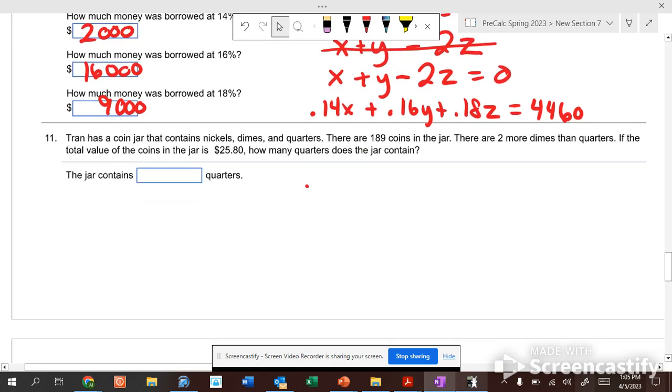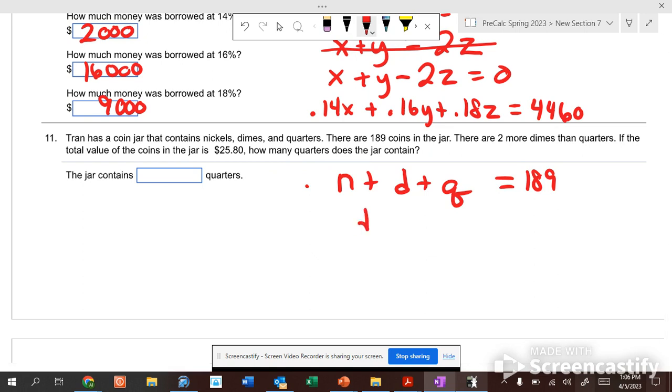Okay? The last one, the coin jar, okay? If nickels is N, dimes is D, quarters is Q, the total number of coins, if we add them up, is 189. If there are two more dimes than quarters, the number of dimes equals the number of quarters plus 2.